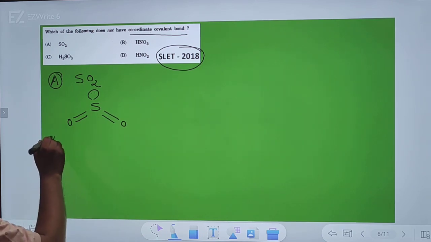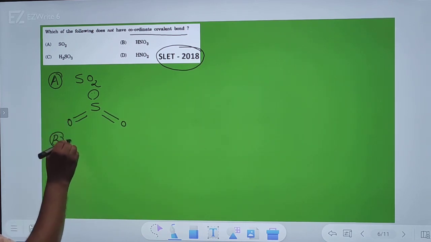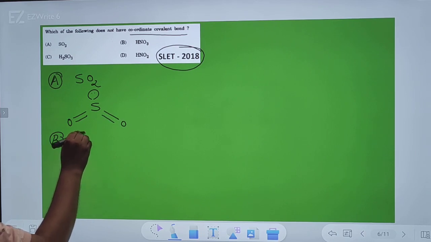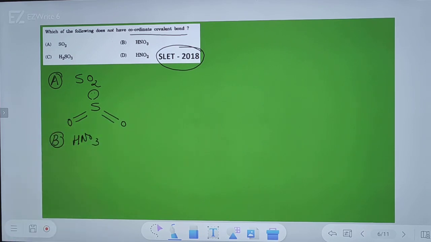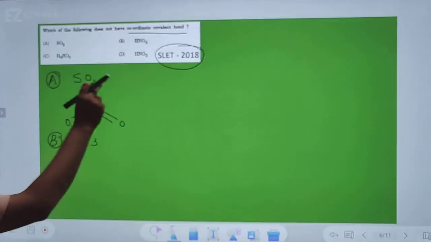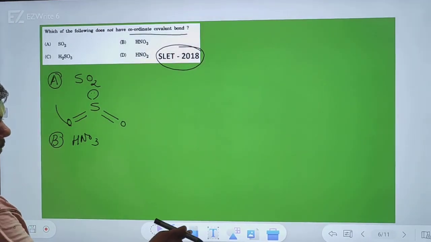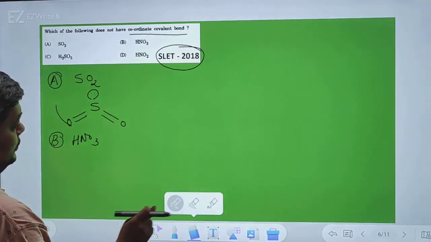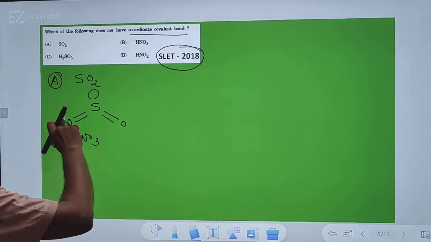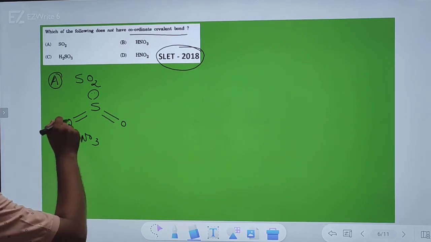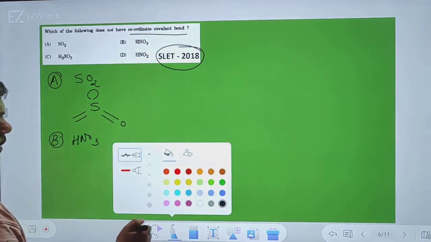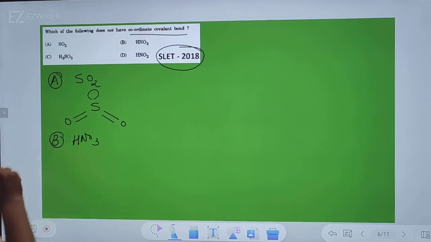Moving a step ahead, option B, it is HNO3, a popular molecule having a coordinate covalent bond. I know I have not spoken anything regarding the coordinate covalent bond in this particular structure, but I am coming to it. Don't worry, I am coming to it.